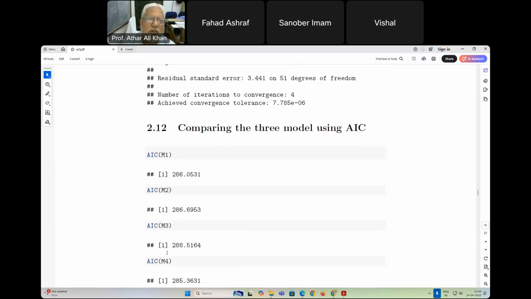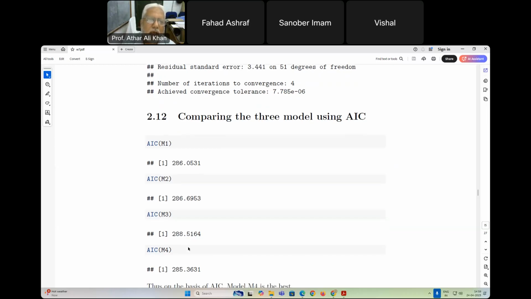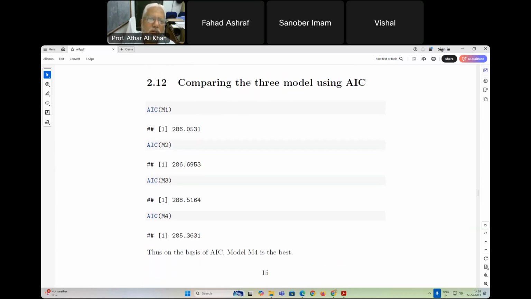But AIC of M3 is 288, which is bigger, and AIC of M4 is 285. So M4 is the best model. It is thus, on the basis of AIC, that model M4 is the best because it has the least AIC.